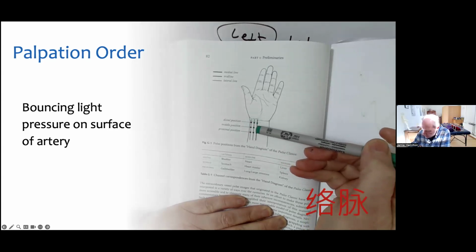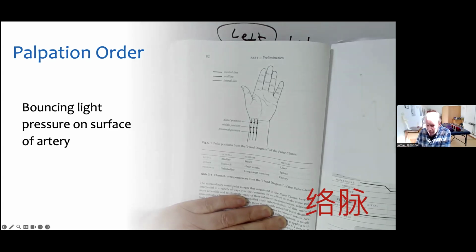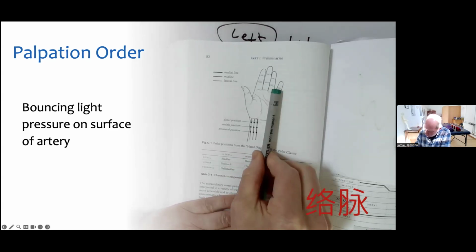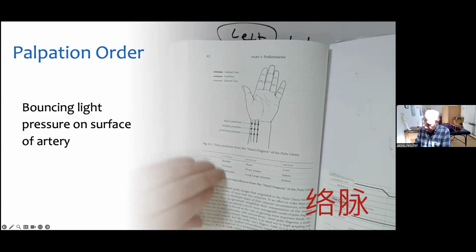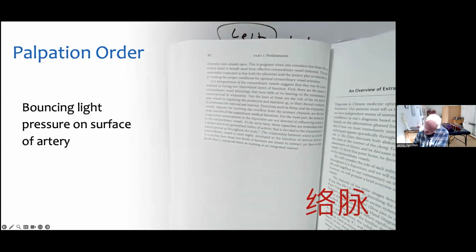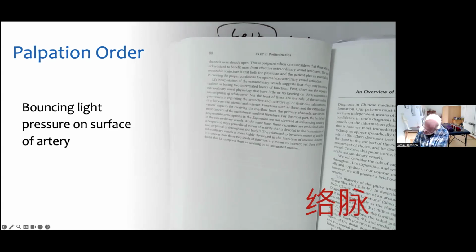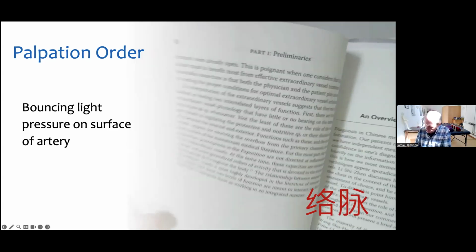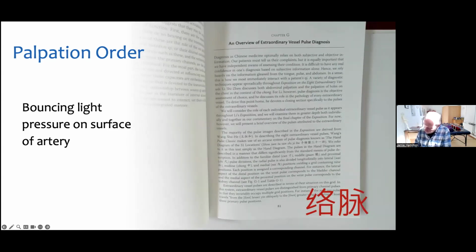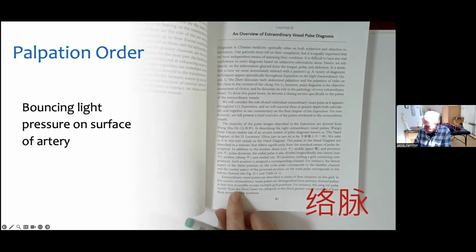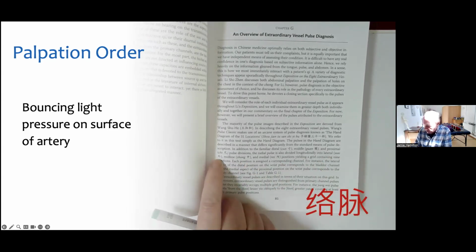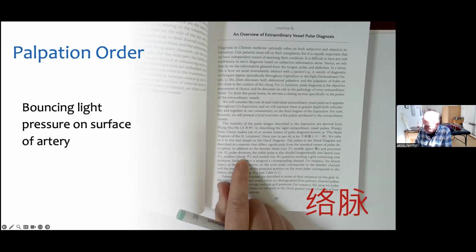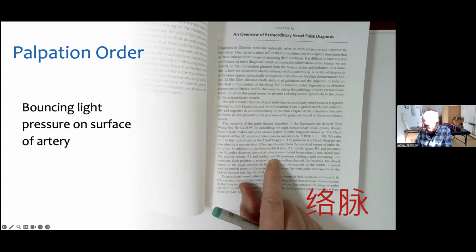And here you can see there are 9 dots. So this is the thumb side, the middle, and the little finger side position. So there are 9 possibilities for this. I also want to show on this page that in the original classics, for the lateral one, the thumb side is called wai, like outer, the midline is zhong, and the medial inner one is nei.